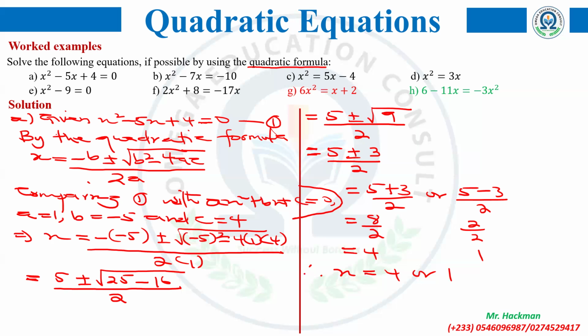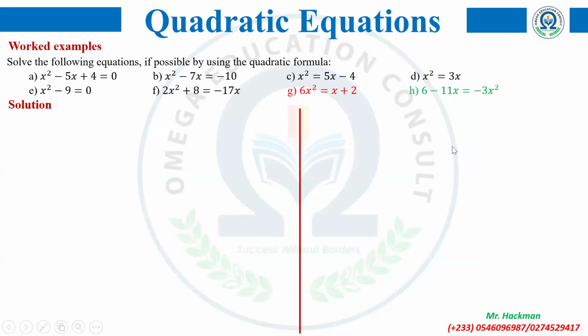All right, so quickly, let's move on to our second question, the B. We are given x squared minus 7x equal to minus 10. First step, as for this one, take your equation to the standard form before you go and quote the formula.